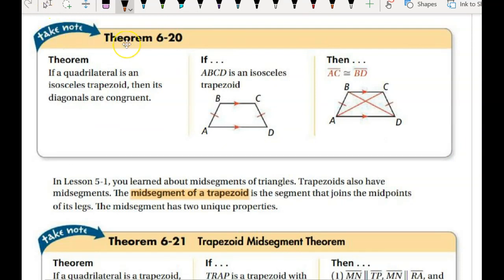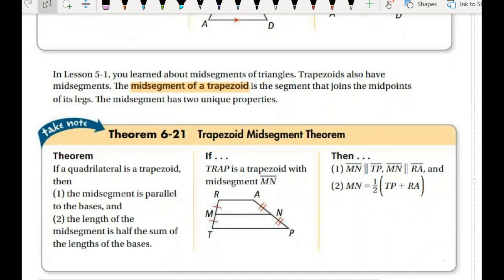Okay, so now let's go to theorem 620. If a quadrilateral is an isosceles trapezoid, then its diagonals are congruent. So we're going to use mid-segments again. We learned about mid-segments of triangles, and it's going to be very similar with trapezoids. The mid-segment of a trapezoid is the segment that joins the midpoints of its legs.